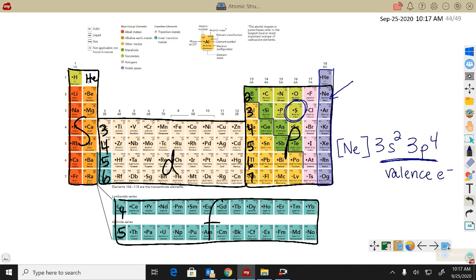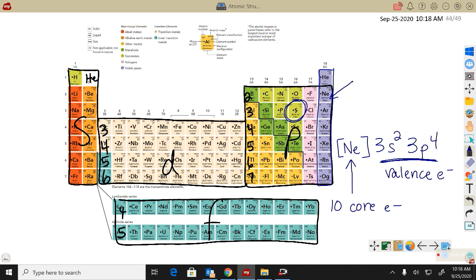The 10 electrons that would be shortened up here, these are your 10 core electrons. And so it still has 16 electrons because putting neon down represents 10. And then you've still got 2 in the S and 4 in the P. But we're really focusing on the valence electrons.